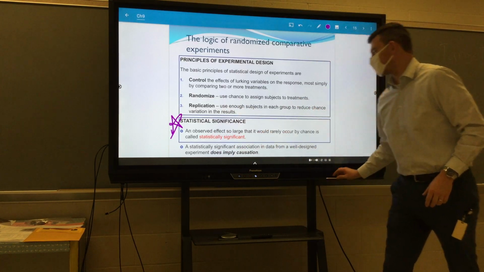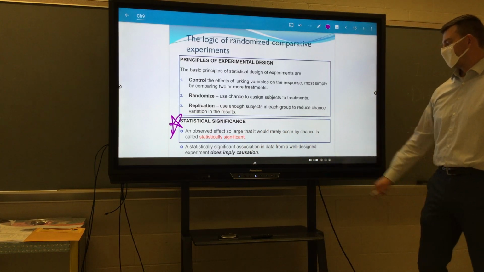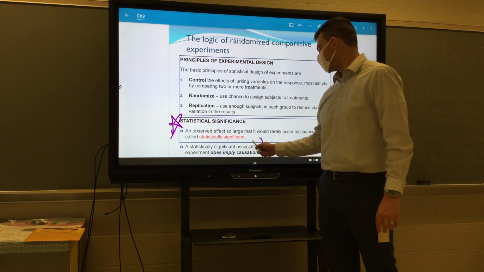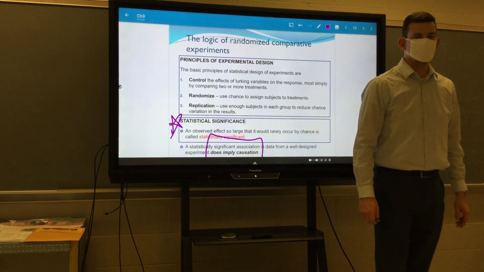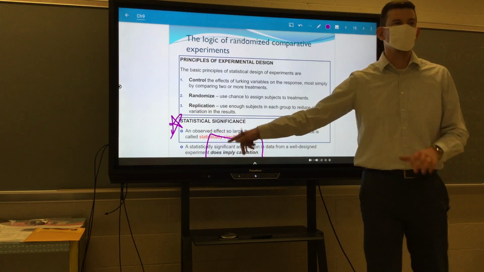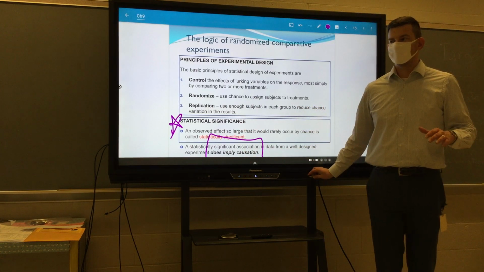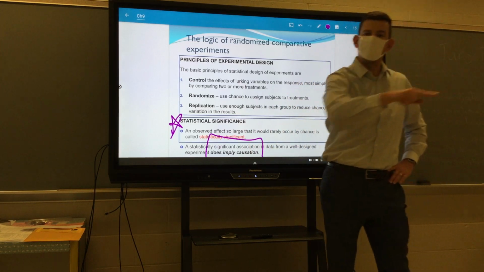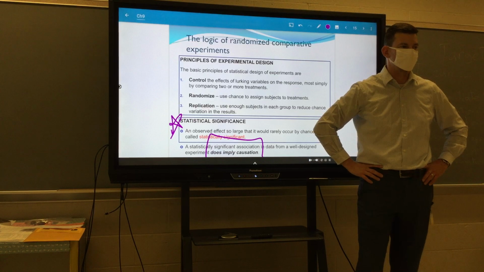A statistically significant association in data from a well-designed experiment does imply causation. This is how we get causation. That's our goal from the beginning, to say that this explanatory variable does in fact cause this change in the response variable.